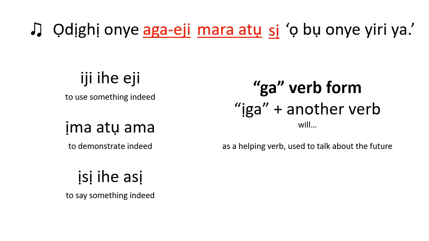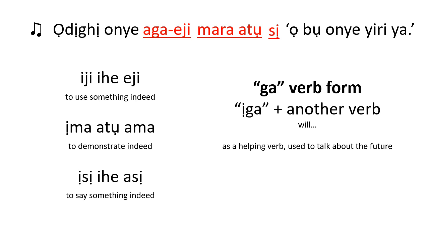With a direct object and some other adverbs, it can mean many things, but when it's changed and combined with another verb, it's used as a helping verb to talk about the future. This is what is called the ga verb form. The ga verb form is used to say will do something or will happen and so on and so forth.